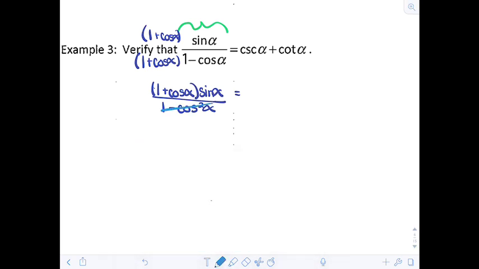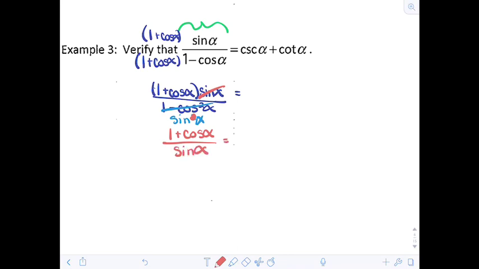So we're going to change this denominator to sine squared. Well, I have a sine of alpha in the top, and I have a sine squared in the bottom. So what happens is the sine in the top cancels with one of the sines in the bottom. And I end up with 1 plus cosine alpha over the sine of alpha.